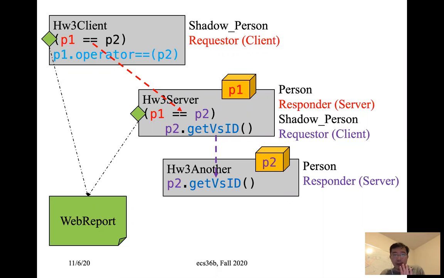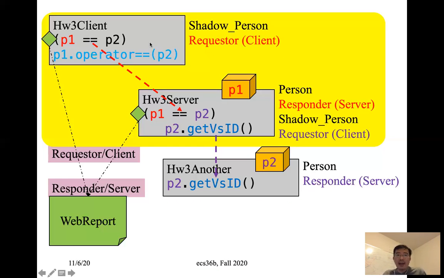What's interesting is that when they communicate with web report, they're both requester or initiator. Why? Because I want the server to publish that particular JSON for me on the web link, so that you can check whether your submission is successful.